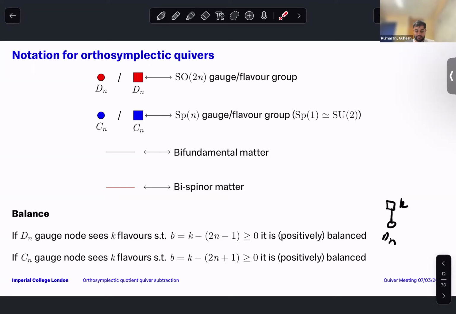And if this is positive or 0, then I would say that this is positively balanced, and balanced when it's equal to 0. Likewise, for a C_N gauge node, the condition for this balance is K minus 2N minus 1 is greater than or equal to 0. Okay.